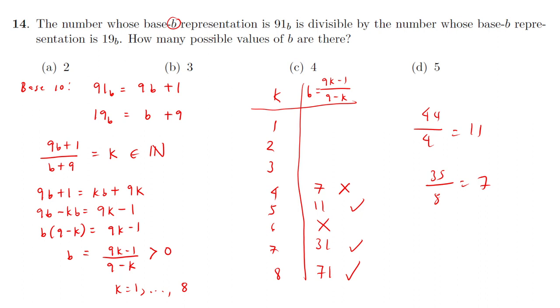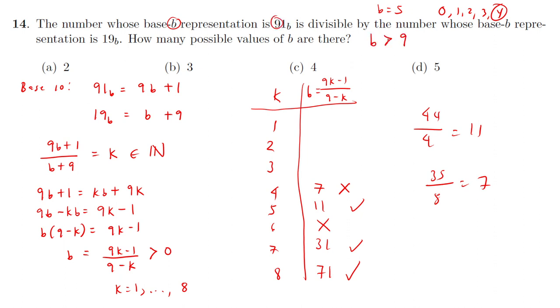So, bakit? Remember, we are working in base B. Tapos meron tayong 91B. Kung ang base mo ay let's say hanggang 5, ano lang ang mga digits na mag-a-appear sa iyong system, kung base 5 tayo. Ang lalabas lang dapat ay 0, 1, 2, 3, and 4. Maximum na yung B minus 1. So kung base B ito, tas lumabas si 9, sure tayo that B should be at least 9.